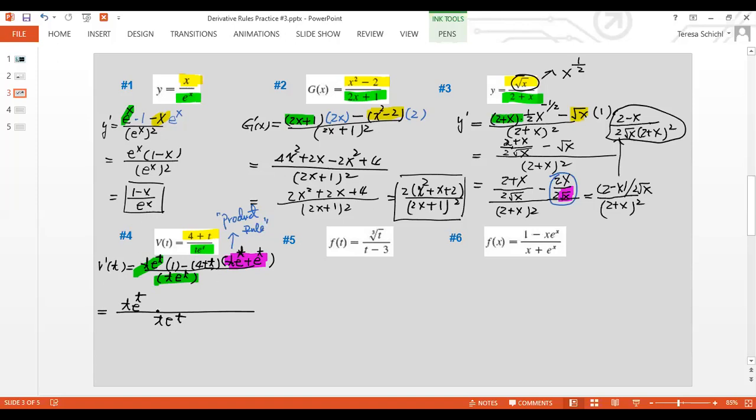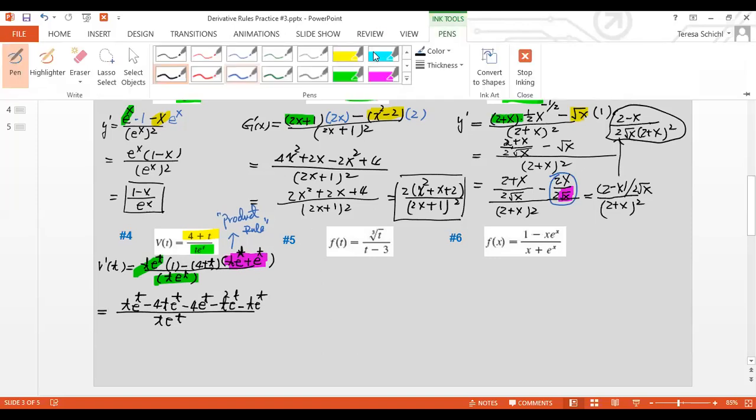Minus, so I distributed here, so it's minus 4 t e to the t, and then minus 4 e to the t. Then the next term is minus t squared e to the t. Then t minus t e to the t. I hope not to make any silly mistake.